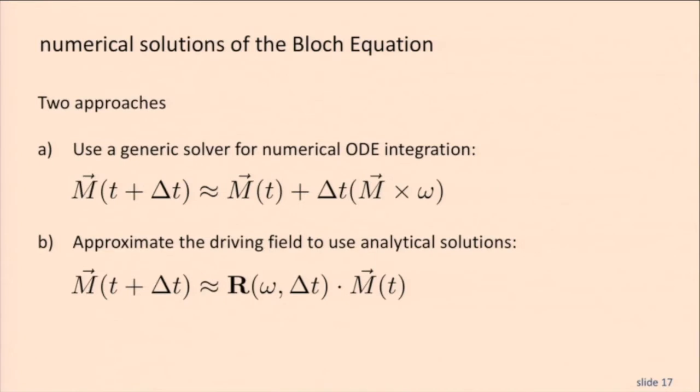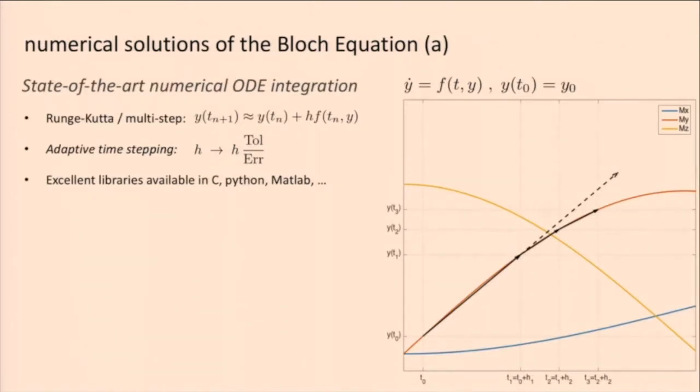There are typically two ways to do this. One is to use a so-called ODE integration, solving the differential equation numerically, or the other option is to approximate the driving field using the analytical solution seen before.